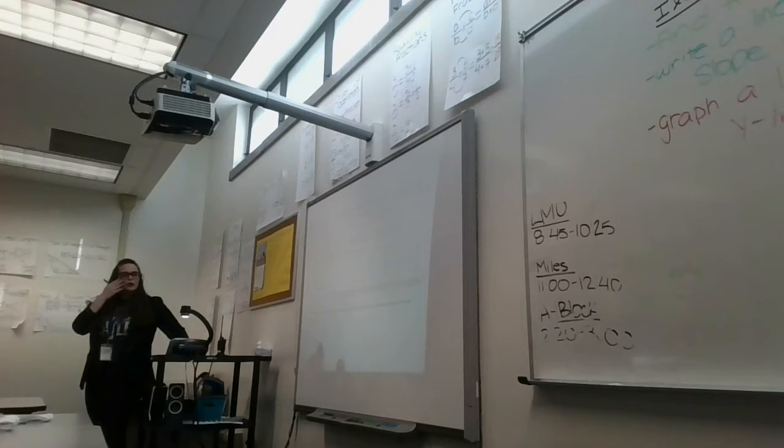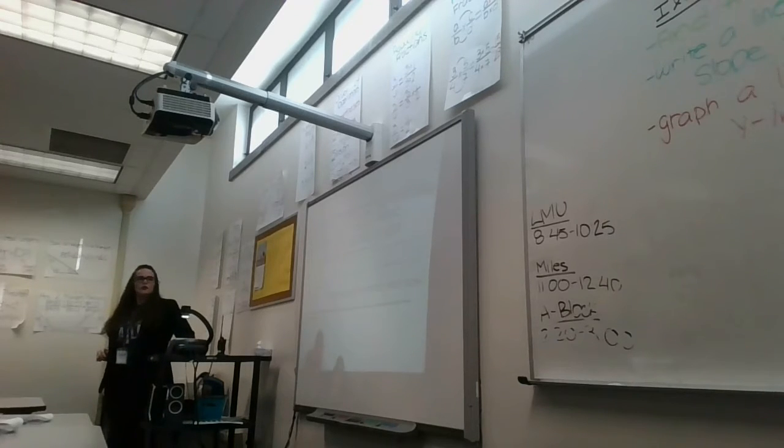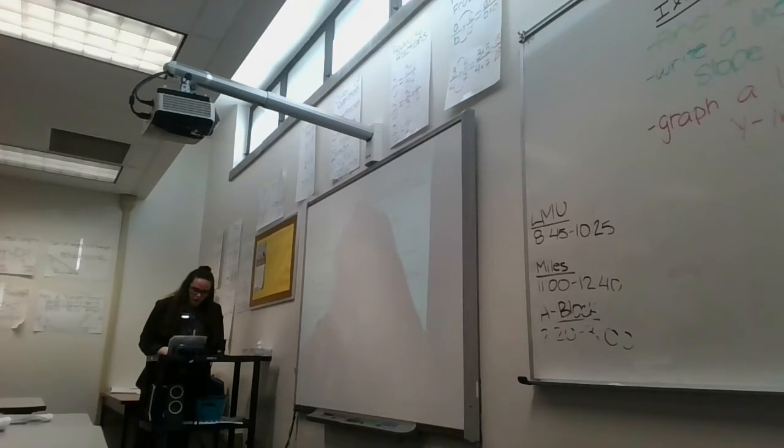Someone who found number 1, tell me what the value of the car is after 1 year. Go ahead. 15,000. Not quite. We're missing one number. So this is going to be 500.